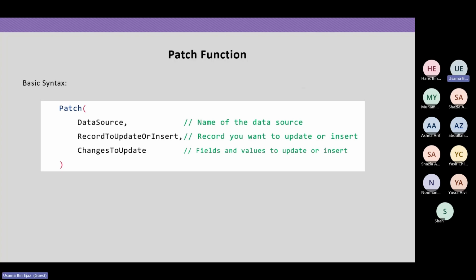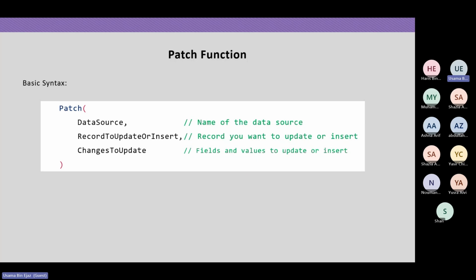Its basic syntax is that you first specify the data source. Suppose it's an Excel sheet: you specify the name of your Excel sheet, which is already connected to your Canvas app, and then you specify whether you need to update or create the record in that data source. For create, we use the Defaults function, which I'll explain later.